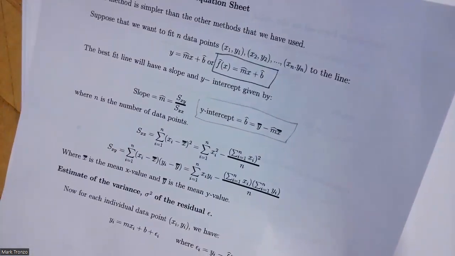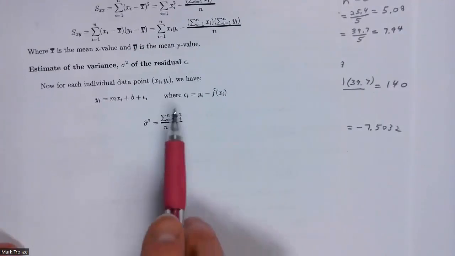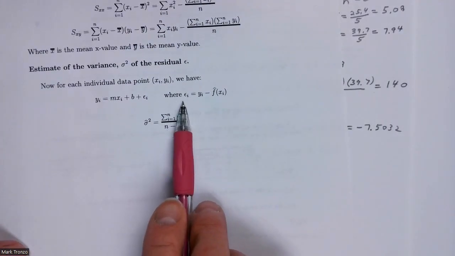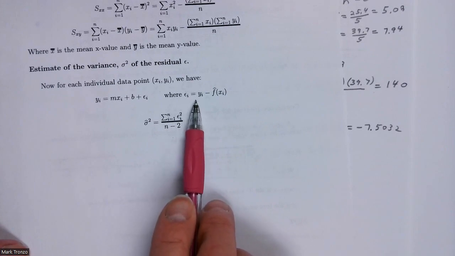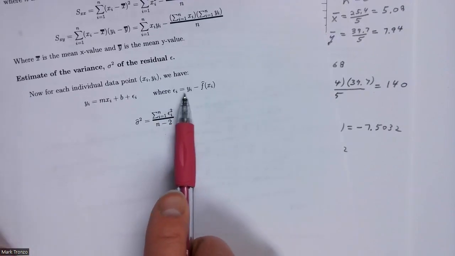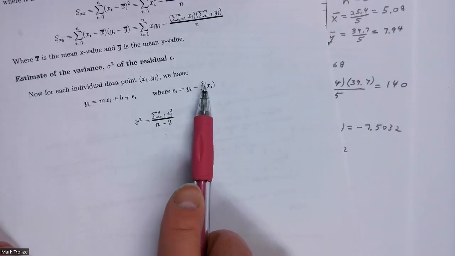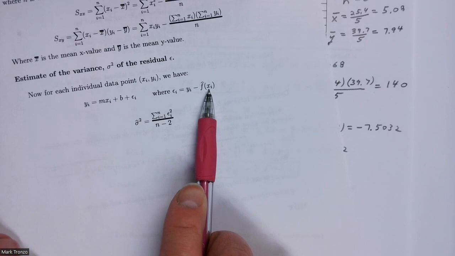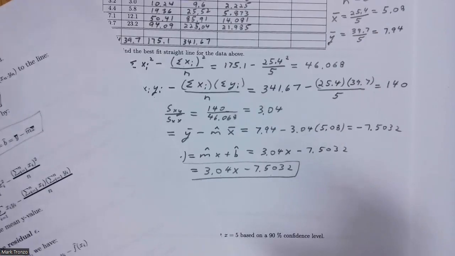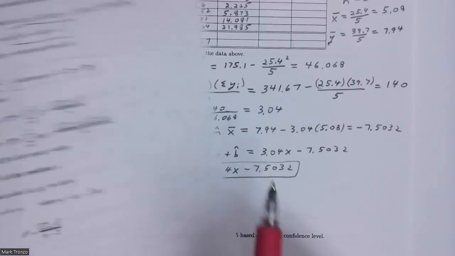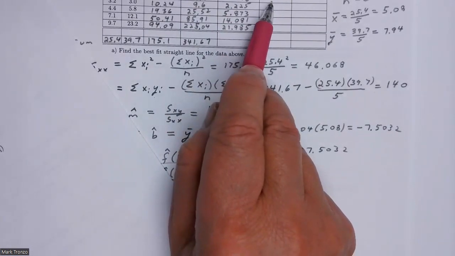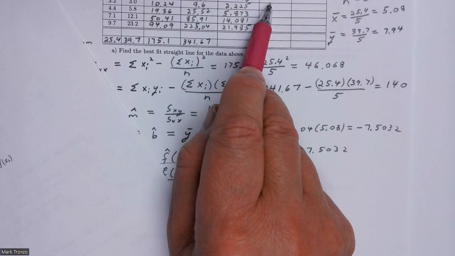And then next, we want to find the error. We want to go through each one of these. We're going to take your Y1 minus the value you got from your best fit line. Unfortunately, I don't think I have my calculator.